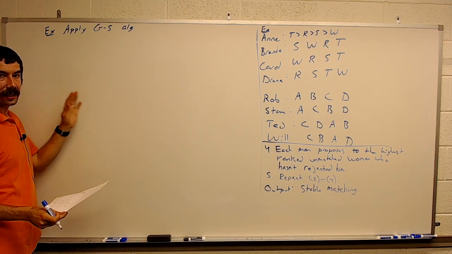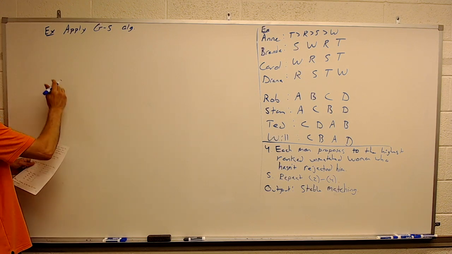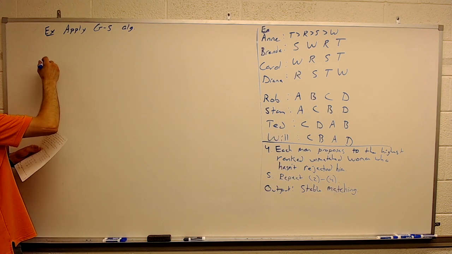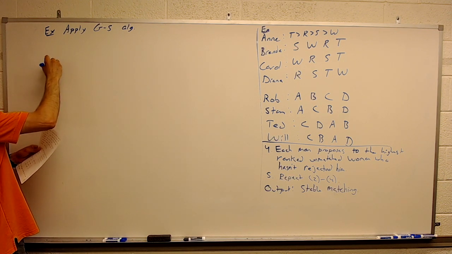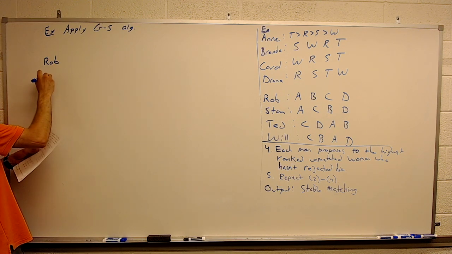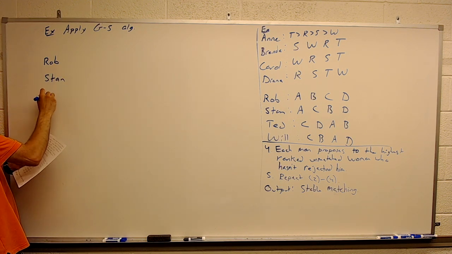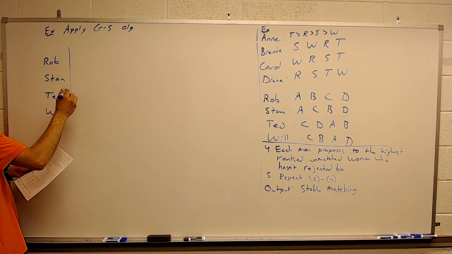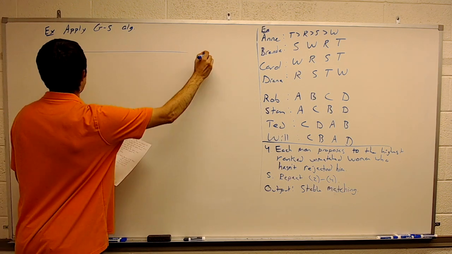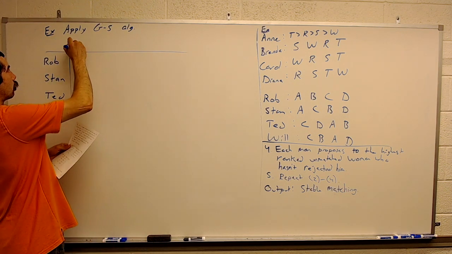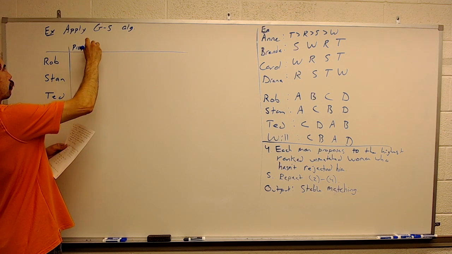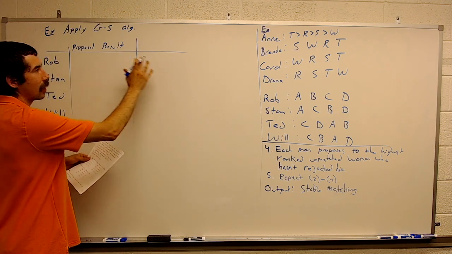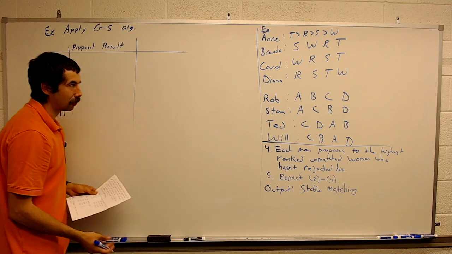I think the easiest way to format this is we're going to have a bunch of proposals happening. So we're going to have the 4 men, Rob, Stan, Ted, and Will, and they're going to propose. So proposal and result. Okay, and then there might be another round of it, and then another round, and another round, okay?